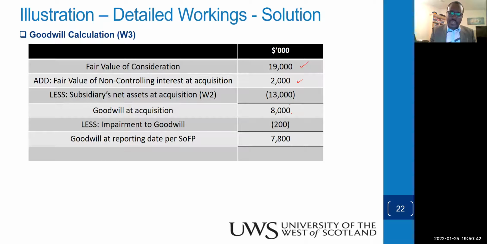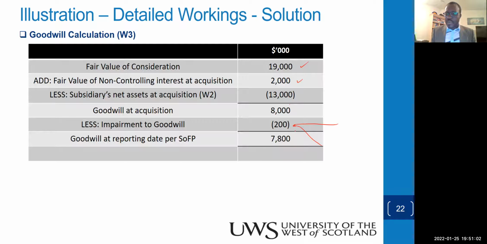The question then tells us that there was an impairment of 200. So this impairment must be taken care of. We subtract and get 7,800. Look at it carefully: do we own 100%? No, we own 90%. So we need to split this as well.